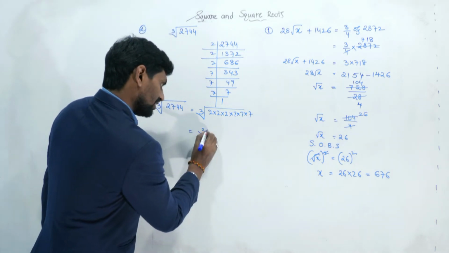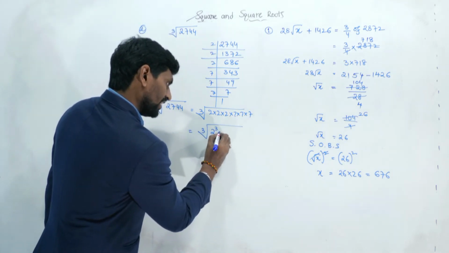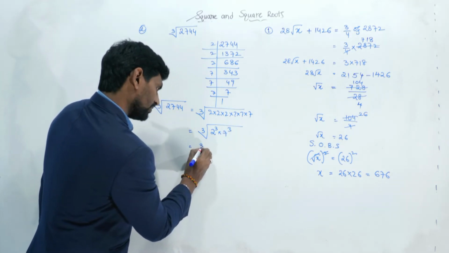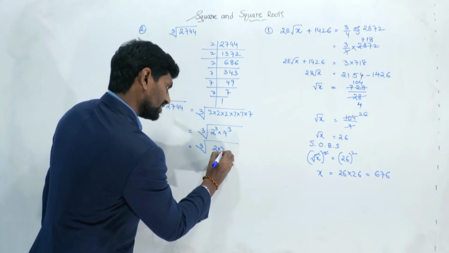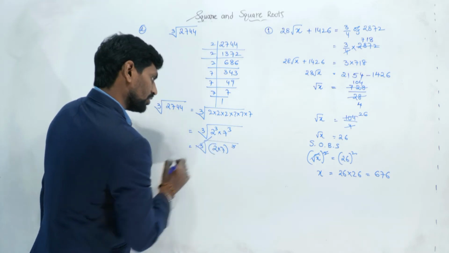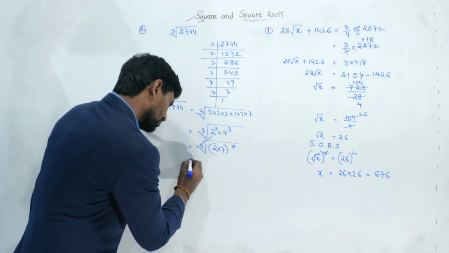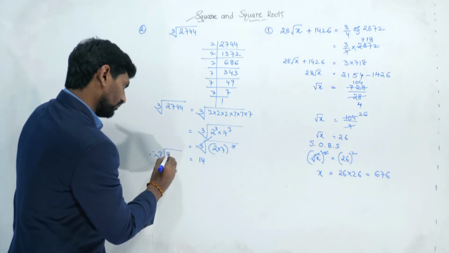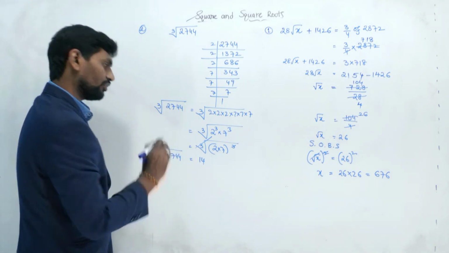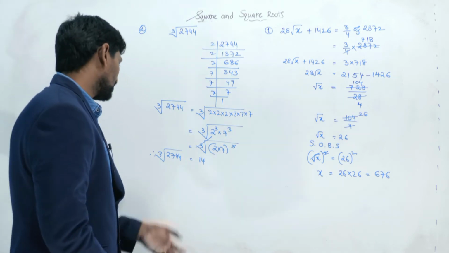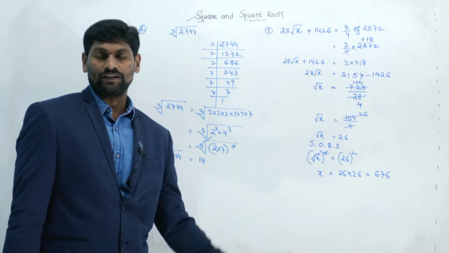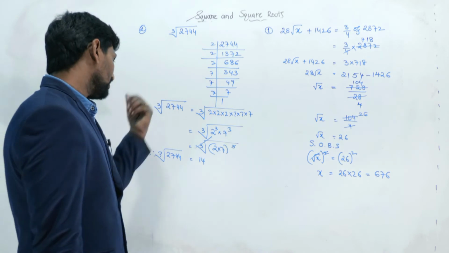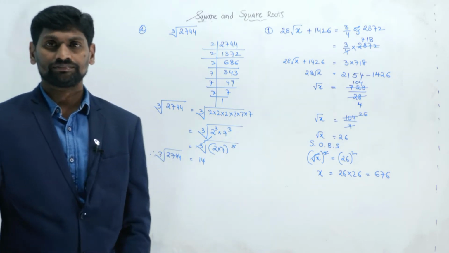That means we can write 2 cube into 7 cube, nothing but 2 into 7 whole cube. The cube root cancels, 2 into 7 value is 14. Therefore the cube root of 2744 will be 14. That means 14 cube value is 2744.